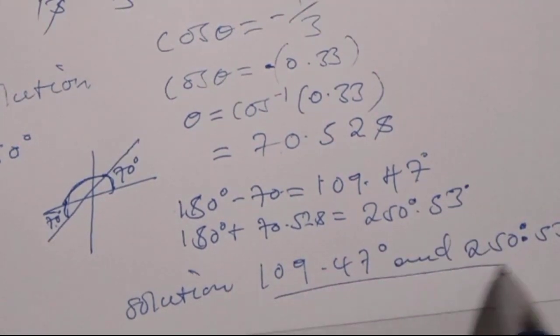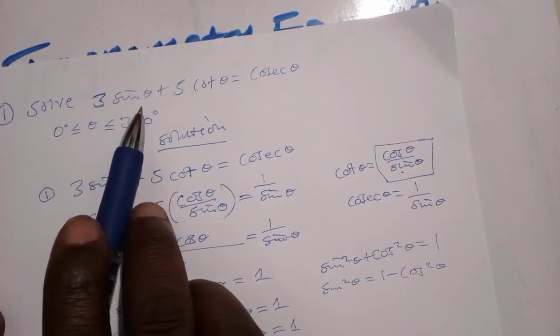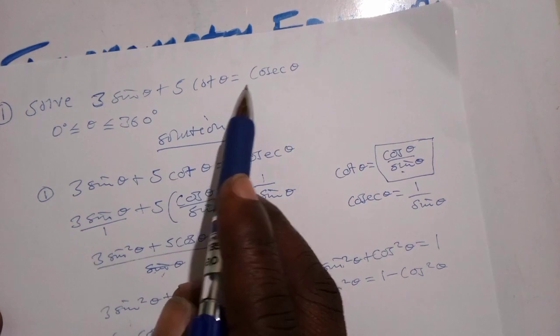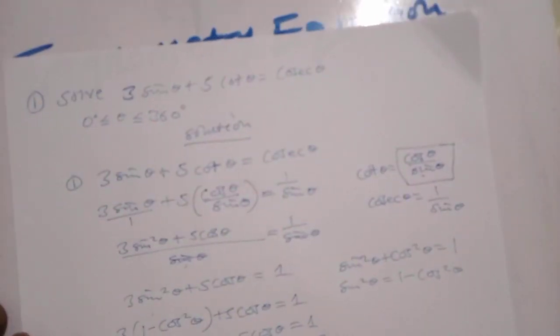So this is our answer for 3 sine theta plus 5 cot theta equals cosec theta.